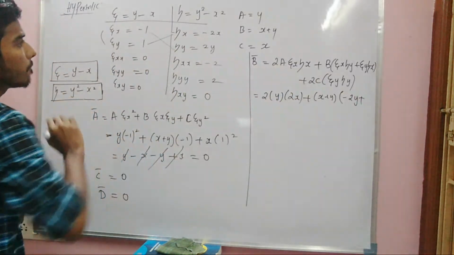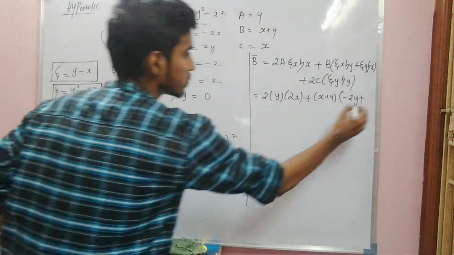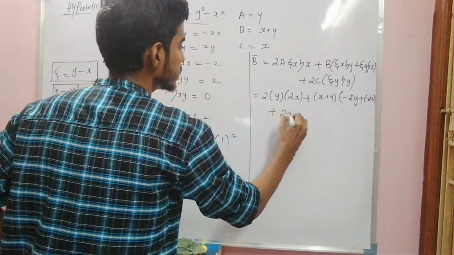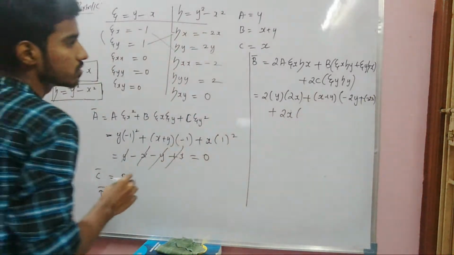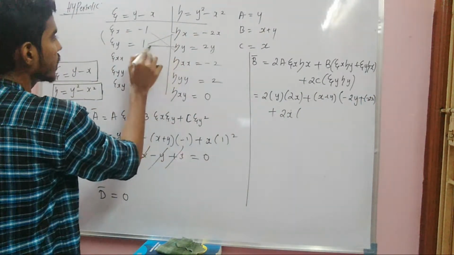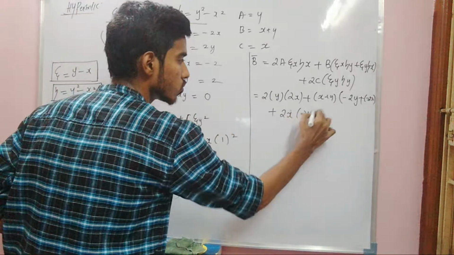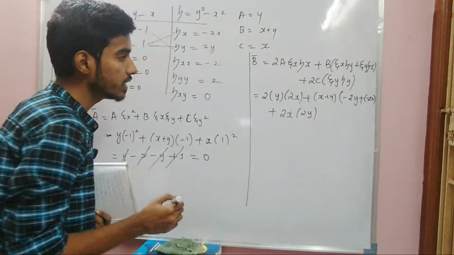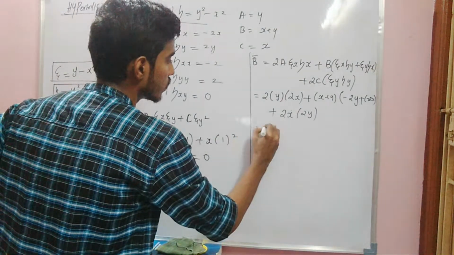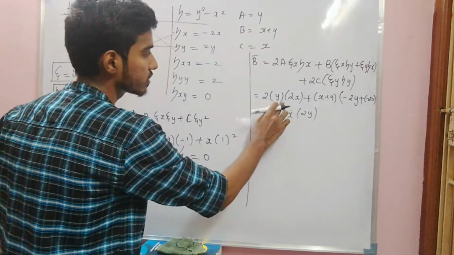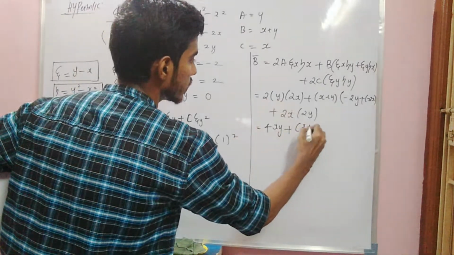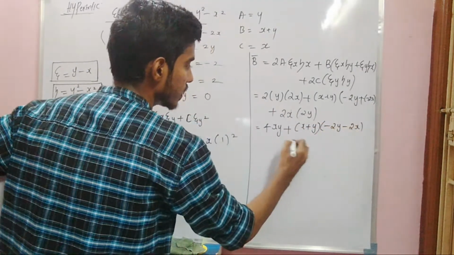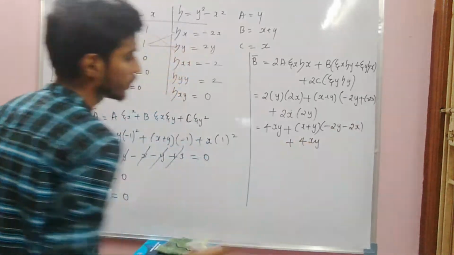So this will be minus 2x, plus 2c. C is x, eta y theta y, so eta y theta y will be 1 into 2y, right? And so this will be 4xy. Here we will have x plus y into minus 2y minus 2x, and here we are going to have 4xy.